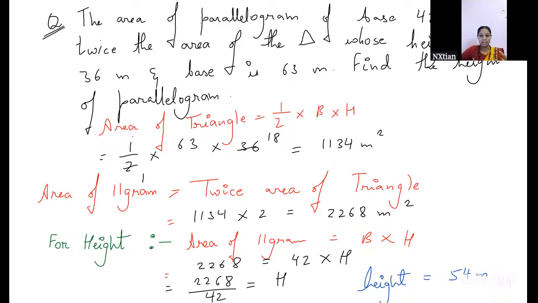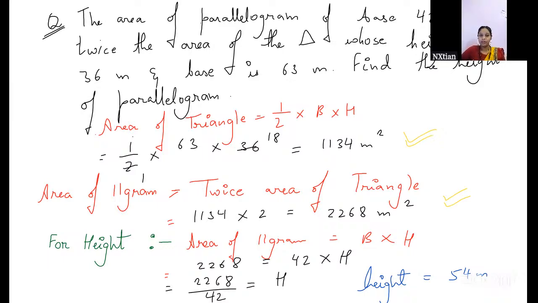So with the half base into height triangle formula, we can calculate the triangle's area. Now it says that twice the area of the triangle equals the area of the parallelogram, which means we multiply the area of the triangle by 2. That is 1134 into 2, and we will get the area of the parallelogram.